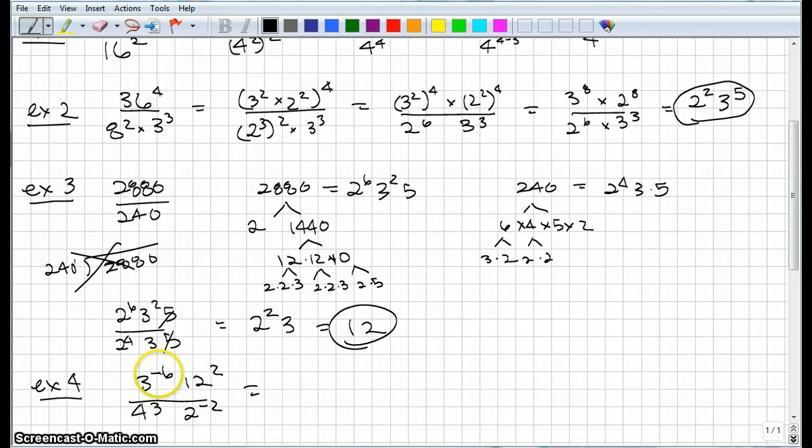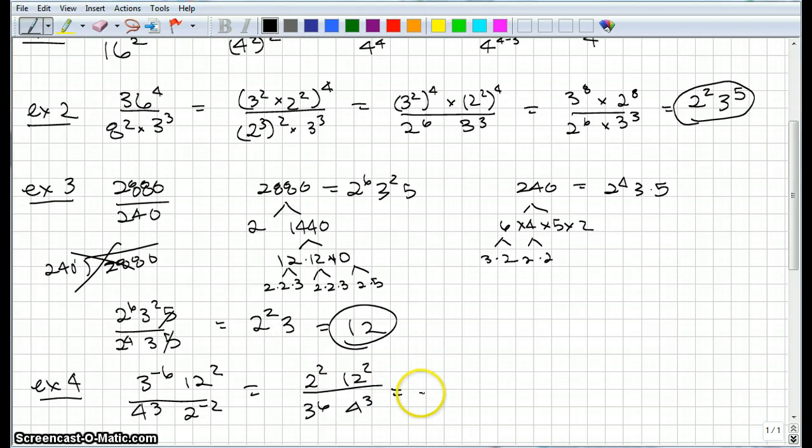If we have a negative exponent on the top, put it on the bottom and make it positive, so that's 3 to the 6th. And here we have a negative exponent on the bottom, so we put it on the top, so that's 2 squared. Then we can leave 12 squared on top and 4 cubed on the bottom.